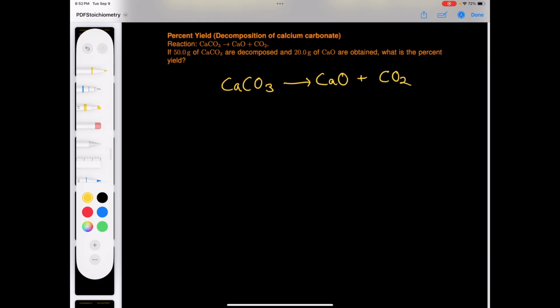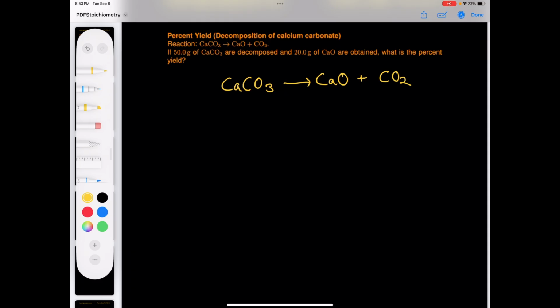So we're pretty much never going to obtain what we think we will. So what we're calculating in these exercises is a theoretical amount, okay? So when we compare the actual amount versus the theoretical amount, that's what gives us our percent yield, okay? But for now, let's solve this exercise just like we would a normal one, okay?